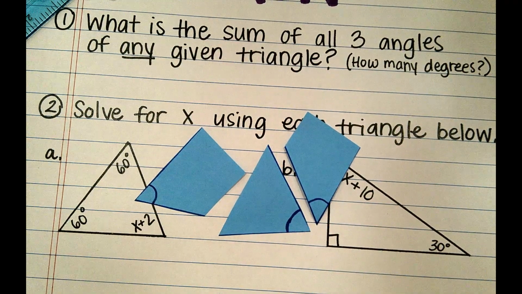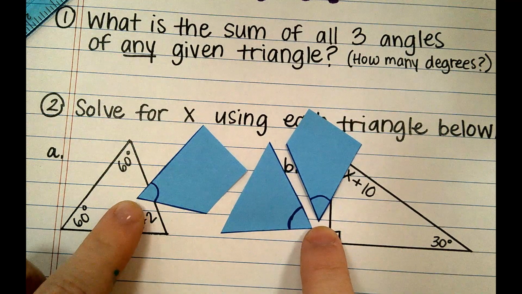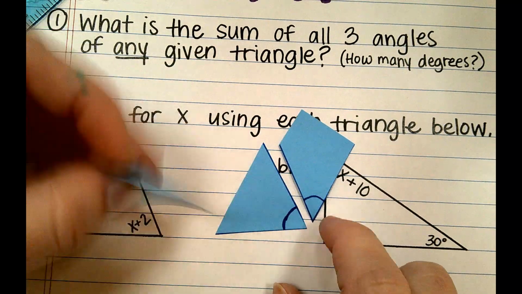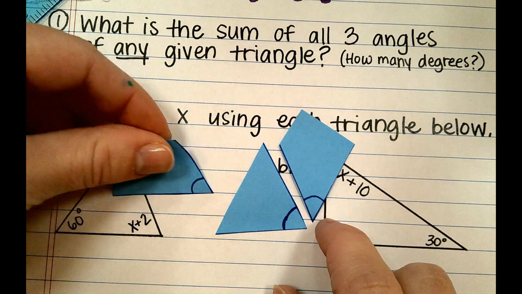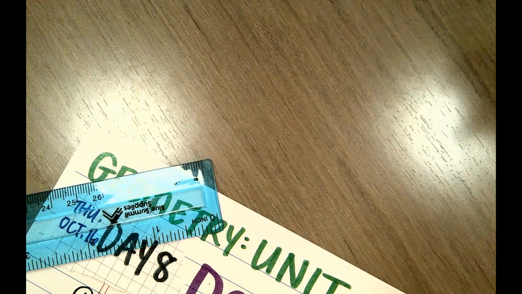But let's see what happens when I put the vertex or the point of each angle together. So I'll lay this one down here. Let me flip this paper over actually so that we're not having stuff under it. That nice blank background.